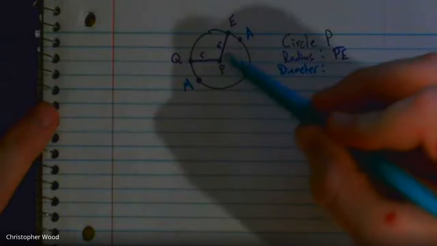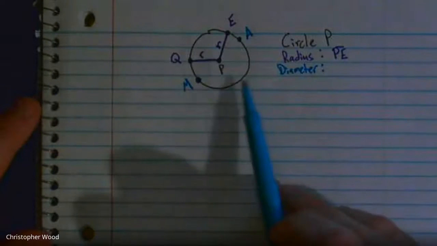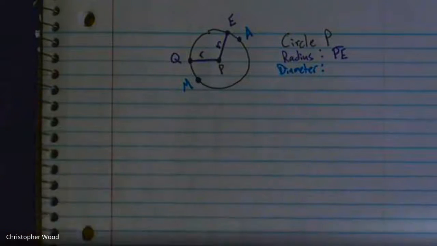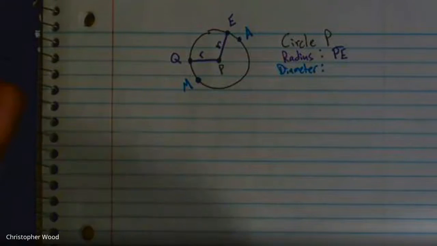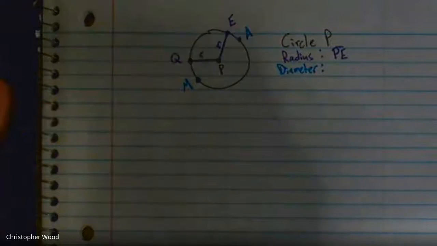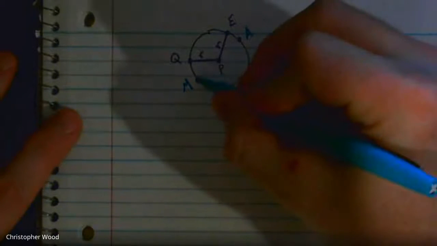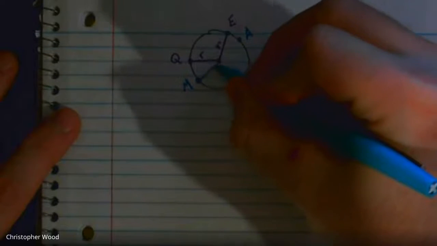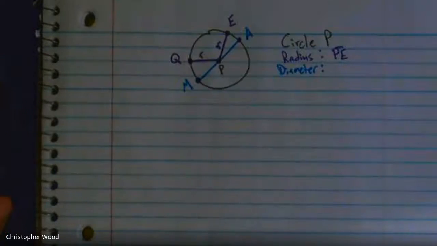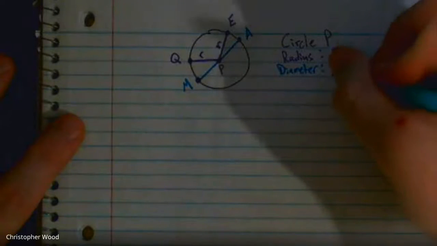So the center is showing up again. If I put the dot over here and just connected them, that wouldn't work. That's not a diameter. Diameter must go through the center of the circle. So I have to go from M through P to point A. So it must go through the center, but this would be MA.